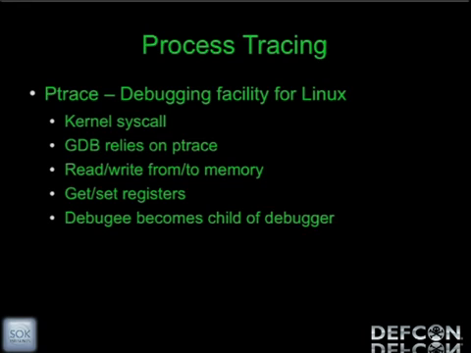When you attach GDB to Firefox, conceptually speaking, in the kernel, Firefox becomes a child of the debugger as if GDB spawned Firefox, even though they're started at different times from different places. So when you attach a debugger to a debuggee, the debuggee becomes a child of the debugger.